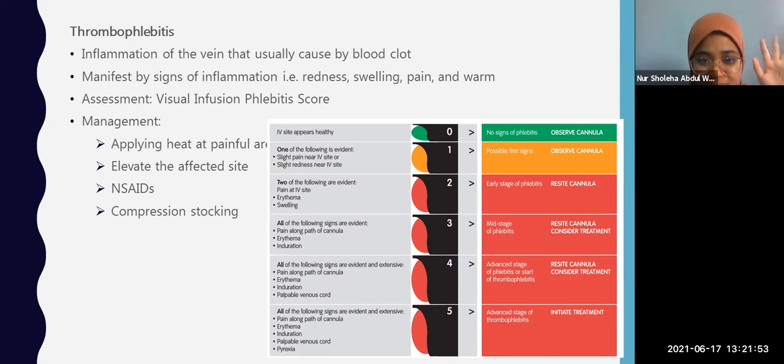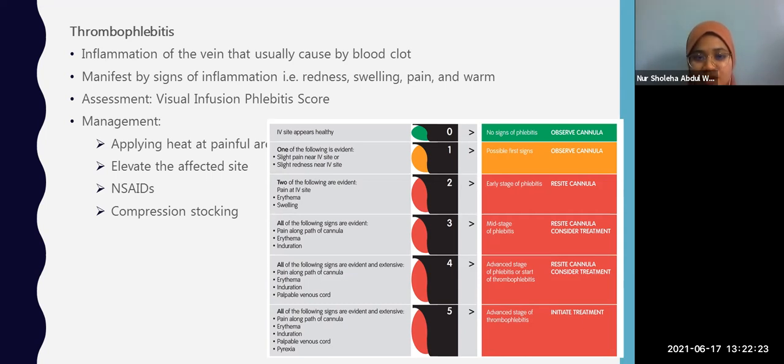So the management is that for grade 0, there is no sign of phlebitis, and for grade 1, there is possible phlebitis. Starting from grade 2 and above, there is phlebitis. Grade 2 is the early stage. So what we need to do in grade 2 is resite the cannula.